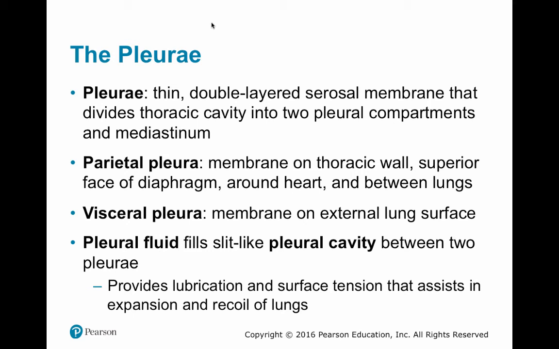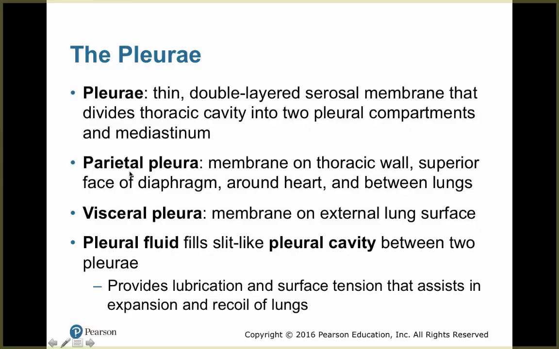The pleura, which is one of the last parts that we're going to talk about before we actually talk about how the lungs work, is just that thin double-layer serous membrane that divides the thoracic cavity into two pleural compartments and the mediastinum. If you remember, the parietal is the one that faces the thoracic wall, just superior to the diaphragm, around the heart and between the lungs.